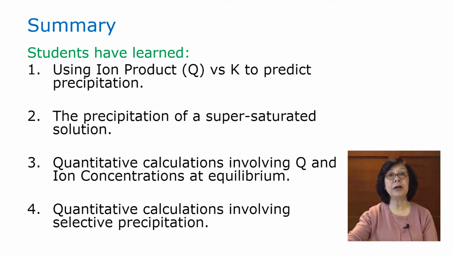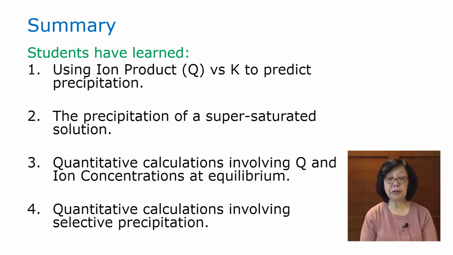To sum up what we have learned today, we have learned using the ion product quotient Q and comparing that with K to predict whether precipitation will occur or not when two solutions are poured together. We learned about the precipitation of a supersaturated solution. For example, we talked about sodium acetate.